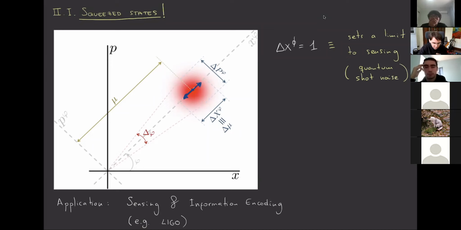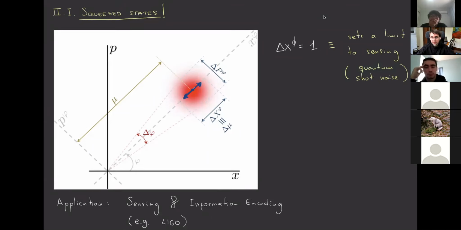Essentially, the uncertainty principle applied to states that are rotationally symmetric, or just the uncertainty of the quadratures in a coherent state, sets a limit to how precisely we can do measurements or sensing of signals such as gravitational waves.